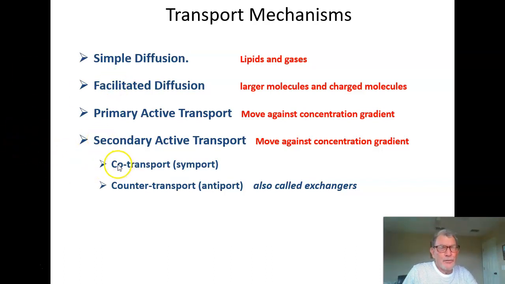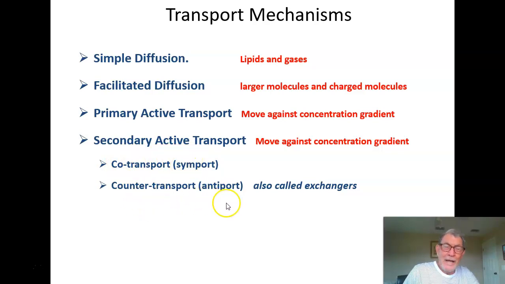There are two kinds of secondary active transport. Co-transport or symport means that you're using one molecule going this way to pull another molecule that's going the same way across. Symport, co-transport: I'm going here, I'm taking you with me.